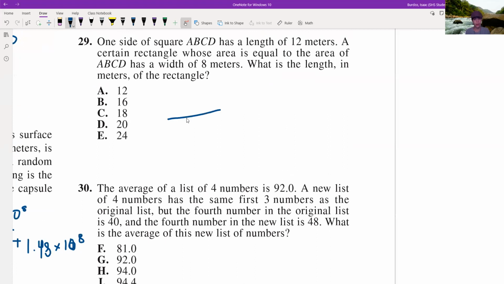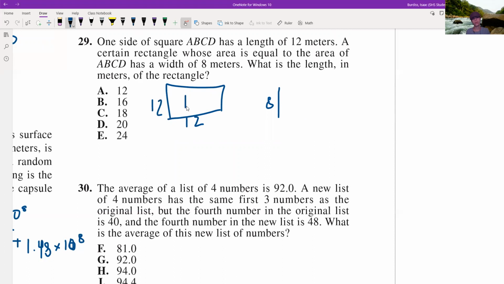ABCD has a side length of 12 meters. All right, just write that. A certain rectangle has an area equal to the area of ABCD, and has a width of 8 meters. And the ABCD thing was a square. So that is 12.